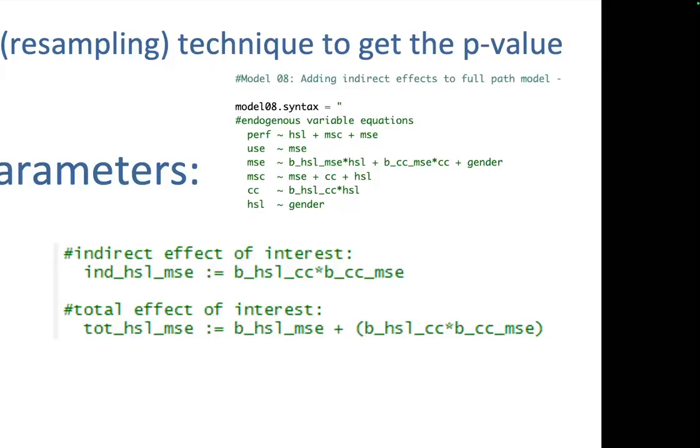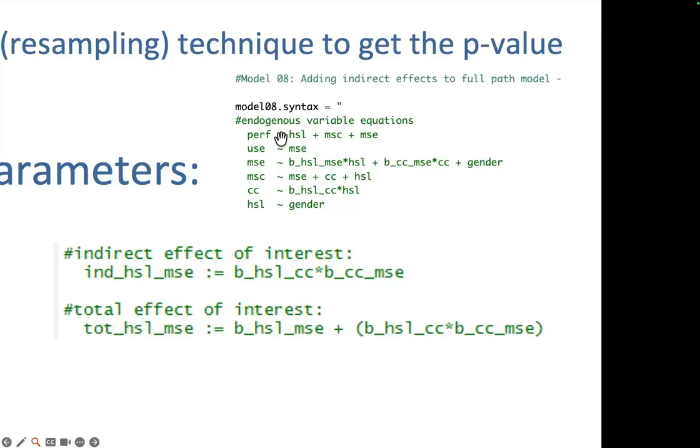It's basically a summary of parameters that it will calculate. So here I use the following syntax, colon equals. Colon equals, that is the oddest emoji sign, I don't know what that is, but colon equals, and you see that in lavaan.